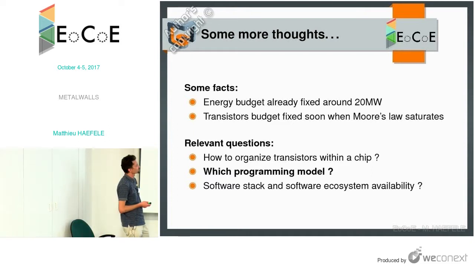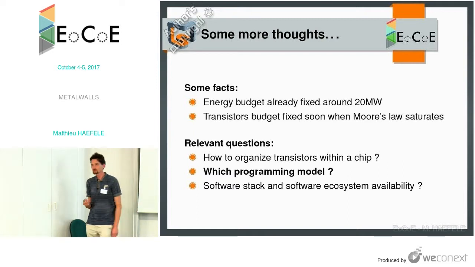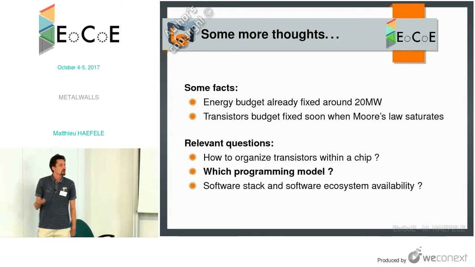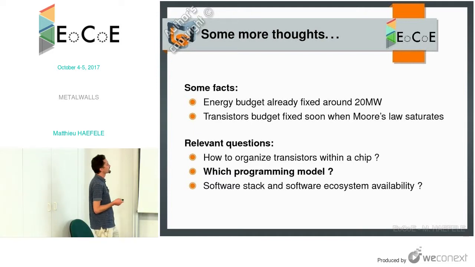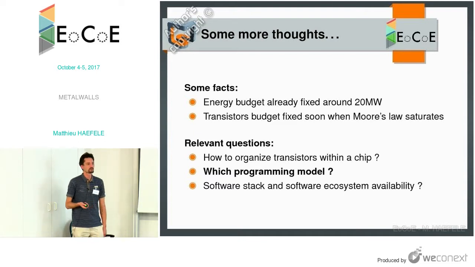At some point we'll stop, so we will have a fixed transistor budget. Then the question boils down to: how do you organize the transistors you have? How do you build a programming model that is able to build applications that will run on these newly organized transistors, and of course the software stack?